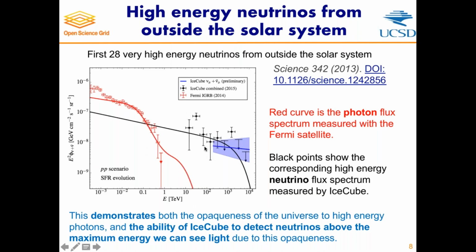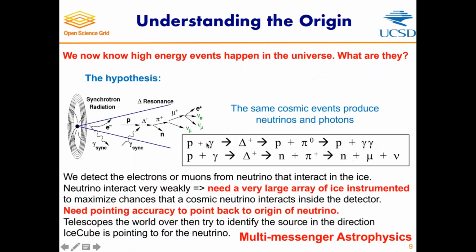And so IceCube therefore detects extragalactic neutrinos at very high energies, and these were the first 28 neutrinos observed ever. This proves both that the universe is opaque to photons at high energies and large distances, and it proves that neutrinos exist at these very high energies.